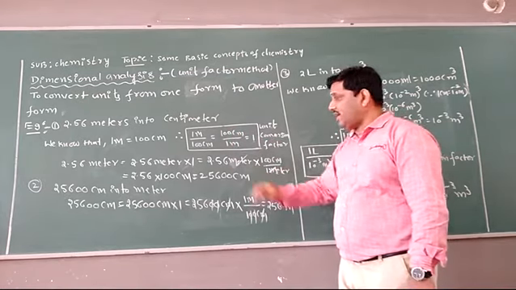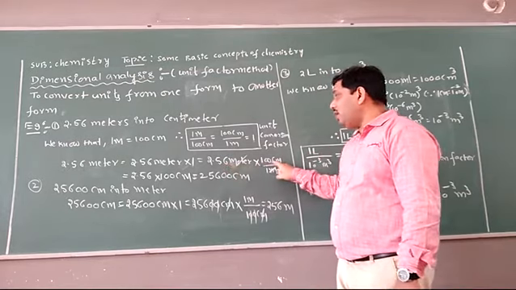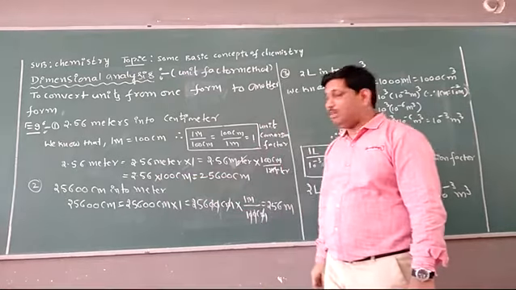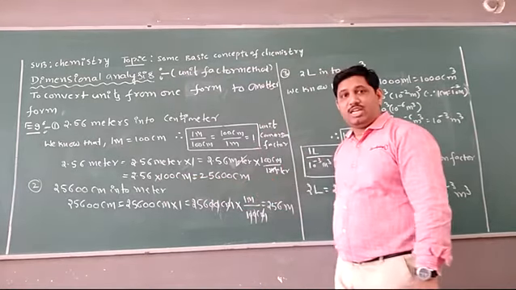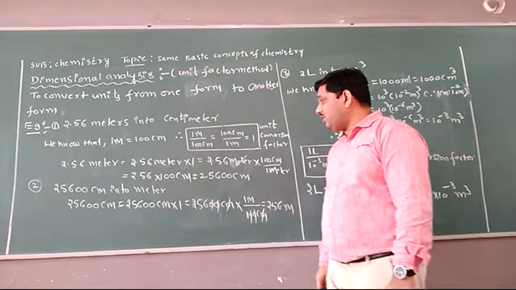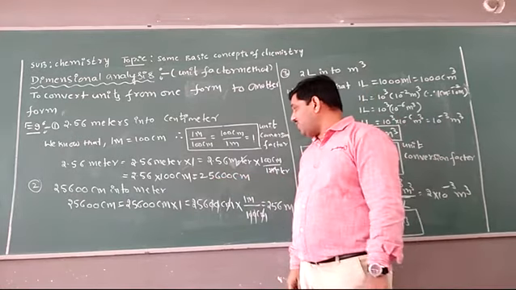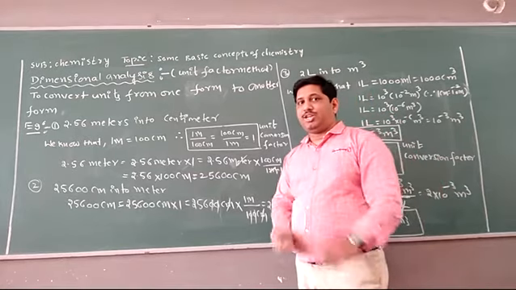Therefore meter gets cancelled. 2.56 into 100 centimeter, that is nothing but 256, that is 25,600 centimeters. Here you can take two precautions, students.